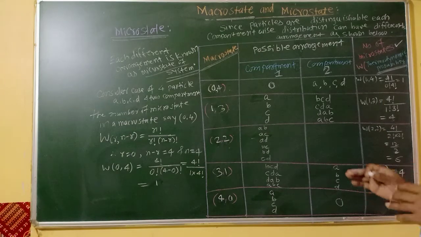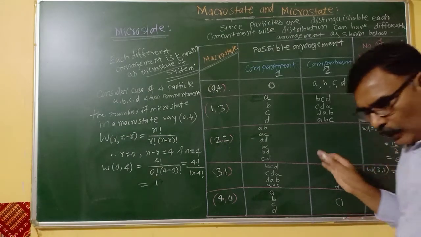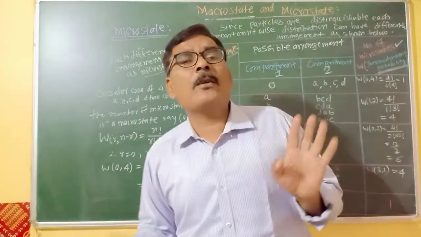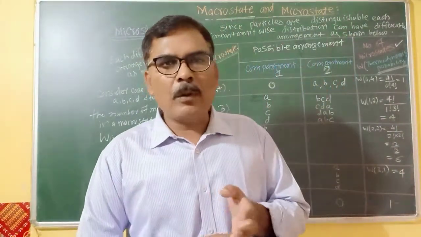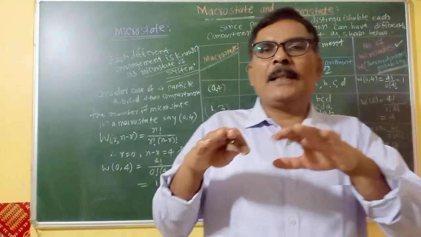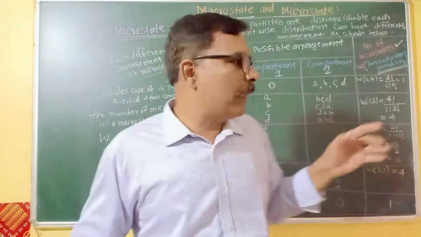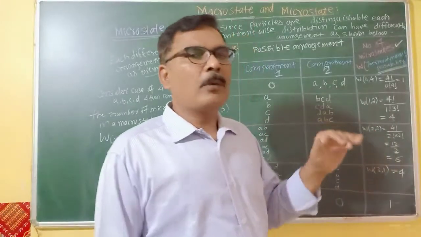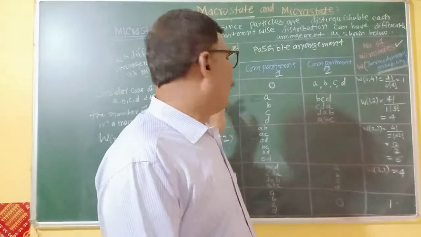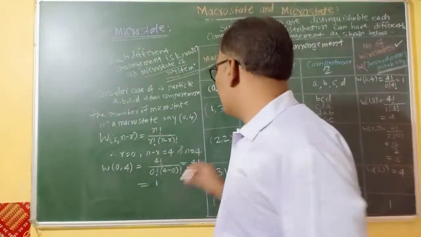This is a very important point for this article. We know the first macrostate is 0 and 4. How are these particles distributed in the 2 different compartments? Now we have to calculate the thermodynamic probability of the first macrostate.